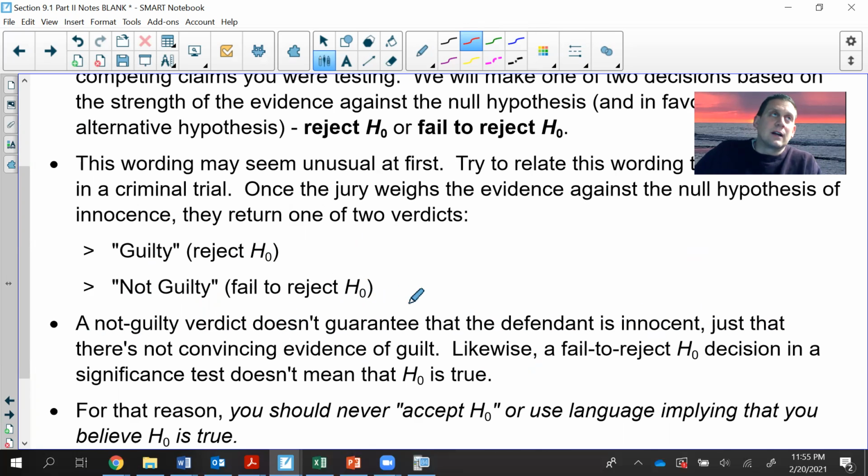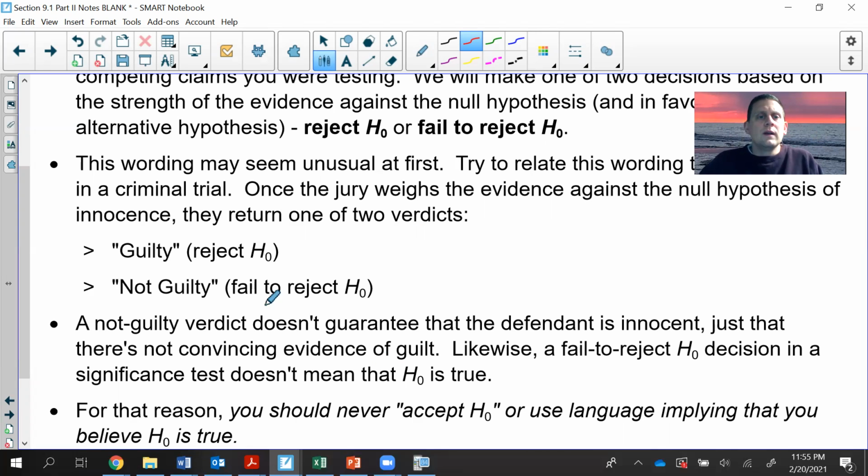Some people are guilty, but because the police did something wrong in collecting the evidence, or certain paperwork isn't filed the right way, or a witness goes missing or changes their testimony or whatever, they still could be guilty, but they couldn't prove it. So then they're not guilty. They're not innocent. Innocent means they definitely didn't do it.